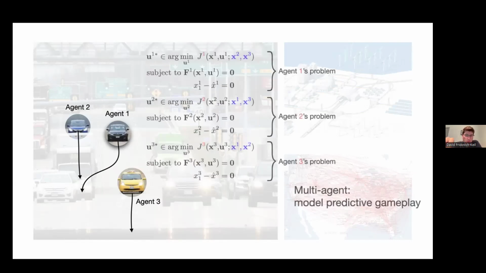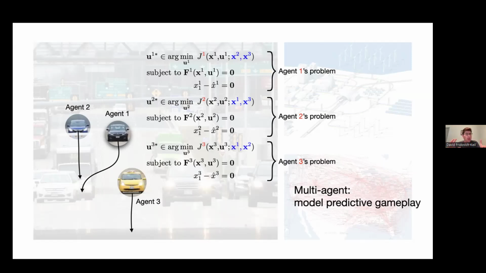So really what's going on here is, for these 3 cars, each one of them is solving an optimization problem, and the decision that each one makes as a result of its problem is an input to the other players' problems. So if you look here, agent 1 depends on what agents 2 and 3 do. Agent 2, its problem depends on what agents 1 and 3 do, and so on. So these are really coupled optimization problems.